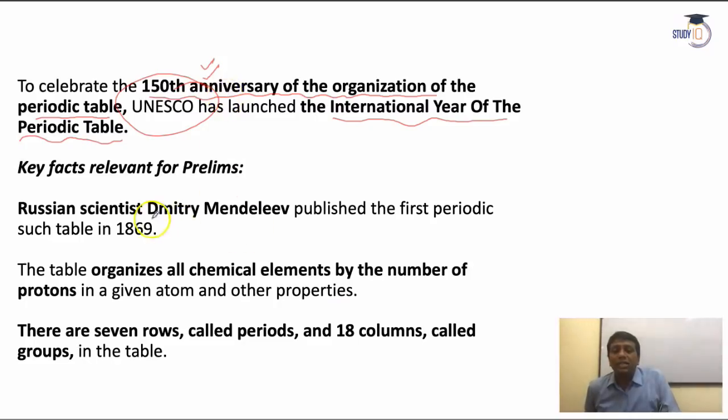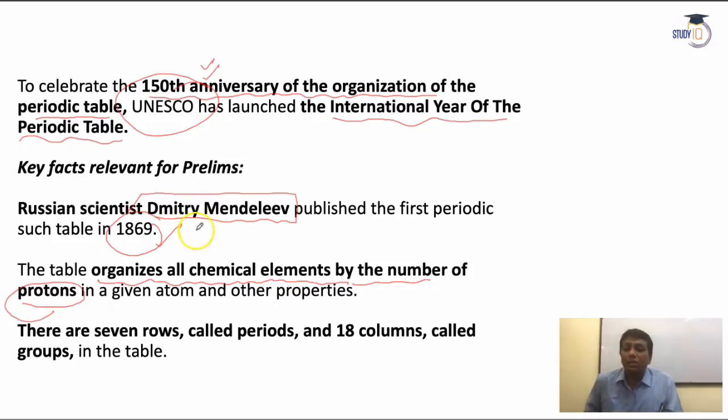The Russian scientist Dmitri Mendeleev published the first periodic table in 1869 to provide a proper arrangement of the elements discovered in the universe. This table organizes all chemical elements by number of protons. So the Mendeleev periodic table is on the basis of number of protons.